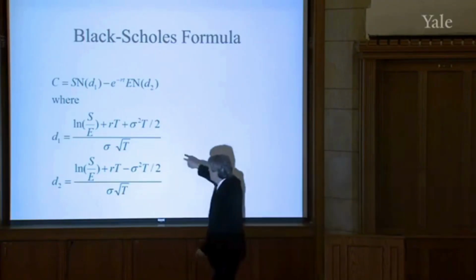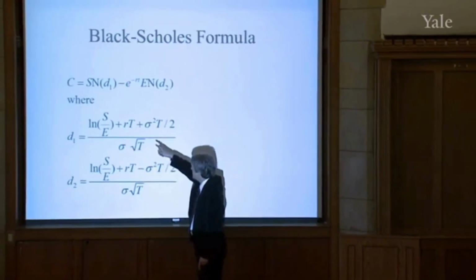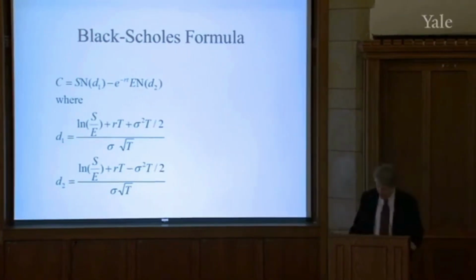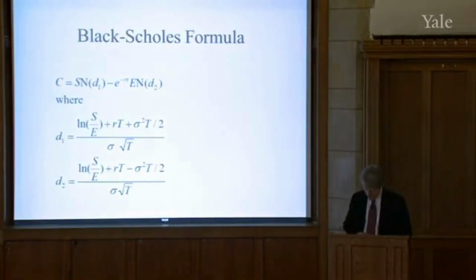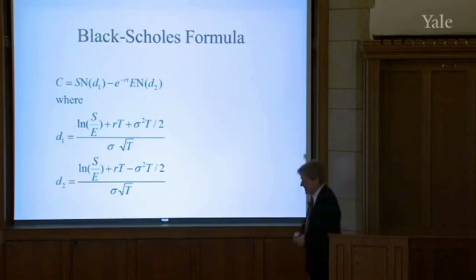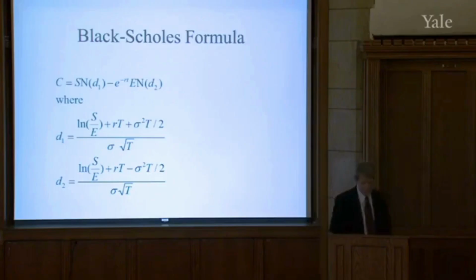But I can calculate for any call price, given the stock price, exercise price, time to maturity, and interest rate, what volatility would imply that price. So that's where we are with Black-Scholes. Implied volatility is the options market's opinion as to how variable the stock market will be between now and the exercise date.